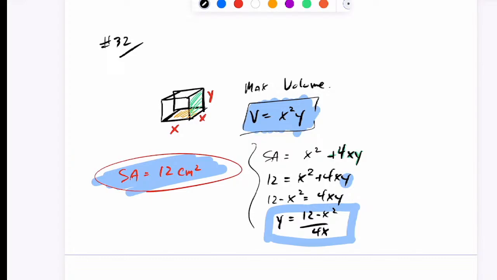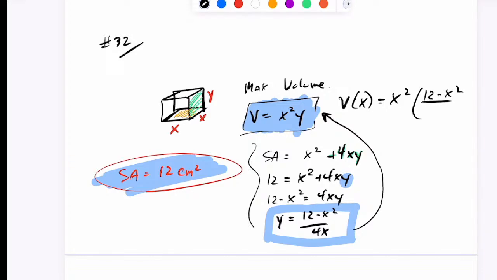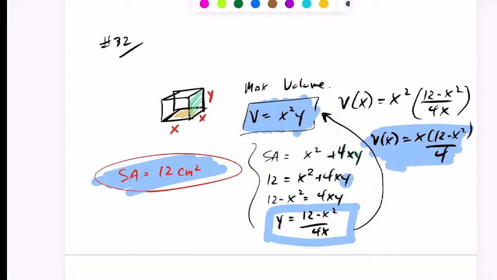Now I can substitute that into here, get rid of this y, and write it as a function all in x. So V of x is going to be x times 12 minus x squared over 4. I can lose one of the variables x.